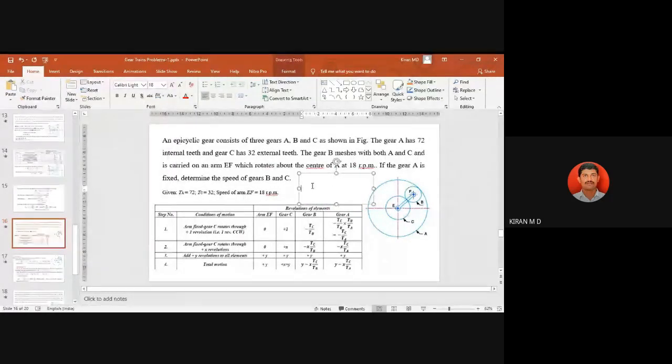So NA by NB is equal to TB by TA. I require NA because this is the speed of gear A that we require. So NA is equal to TB by TA into NB.